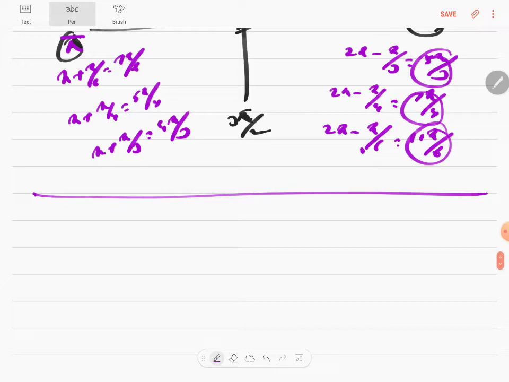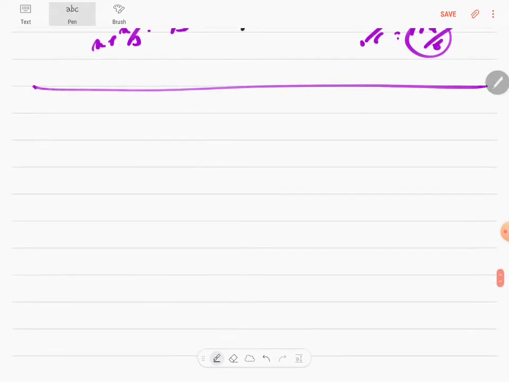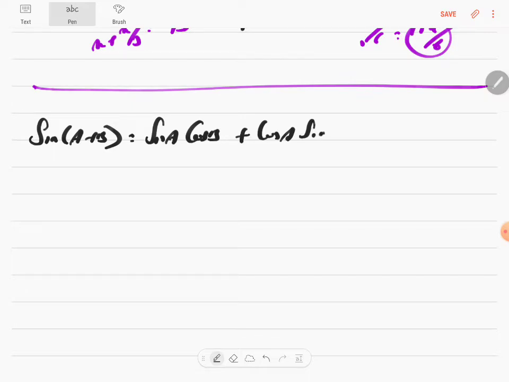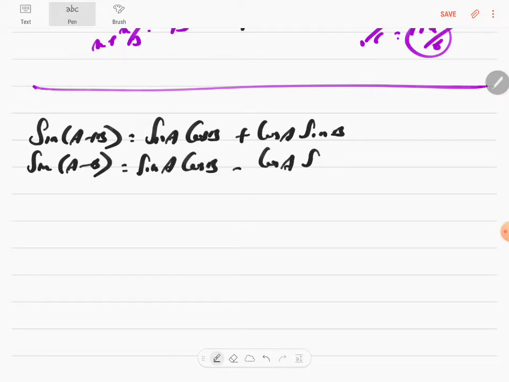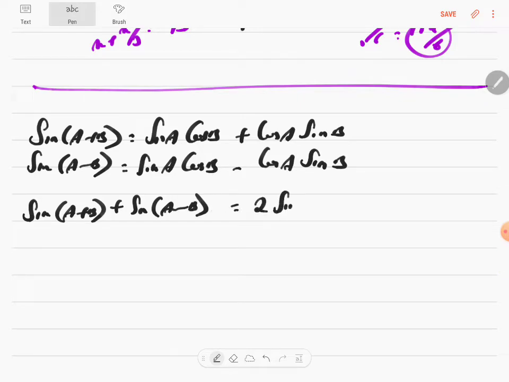Then next, I taught you certain formulas such as sin A plus B. Sin A plus B is sin A cos B plus cos A sin B. Sin A minus B is sin A cos B minus cos A sin B. Then adding the two formulas, sin A plus B plus sin A minus B will be 2 sin A cos B, because the first term will occur twice and the second will get cancelled.